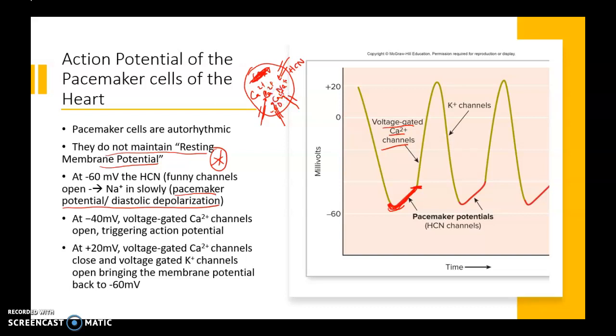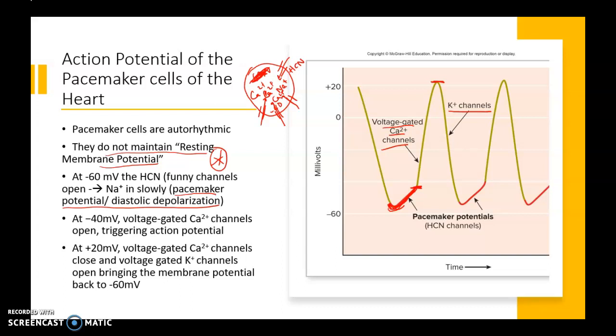Calcium carries positive charge, so obviously it'll depolarize the cell to about +20. And then at +20, the voltage gated calcium channels close, and we have our favorite voltage gated potassium channels open up. And then potassium leaves the cell, and that results in repolarization of the cell back to -60.